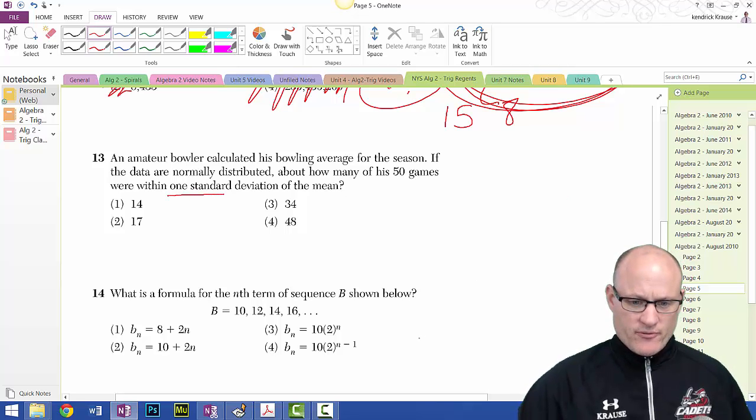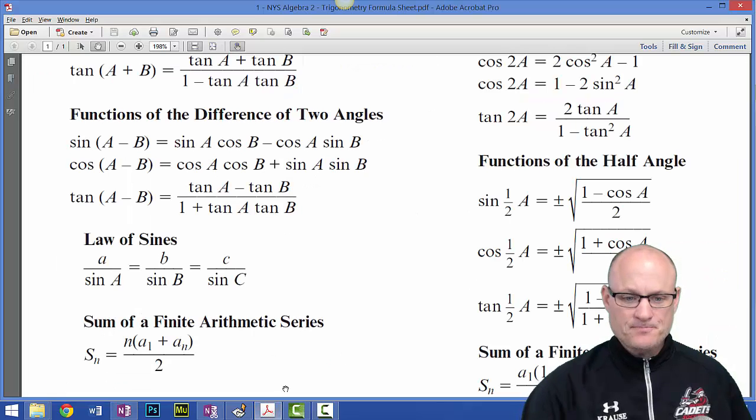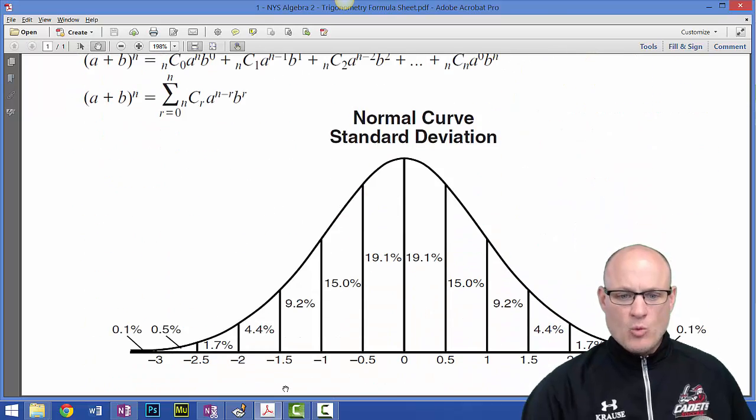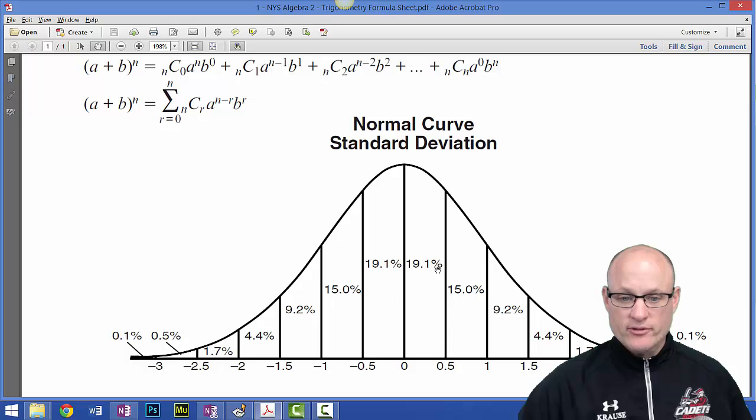Well, let's go over to the formula sheet, because you have to remember how to use this. We'll go down. 1 standard deviation to the left, and 1 standard deviation to the right. That's 15 and 19.1 to the left, and 19.1 and 15 to the right, which is 68.2%.